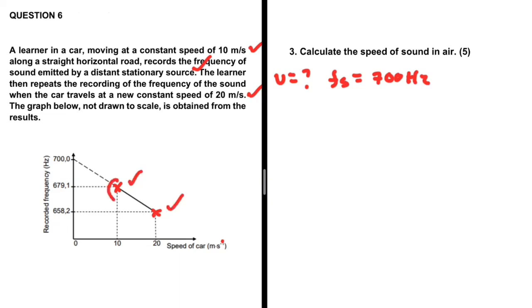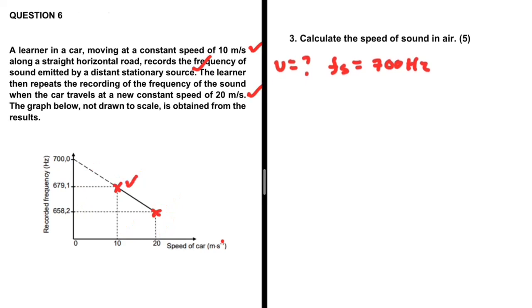Because if you use this point, you have FL and its corresponding VL. And if you use the second point, you're going to have FL and its corresponding VL. So whatever point you decide to use between these two, you're going to get the same answer. So let's use the very first point. Let's use this point here.